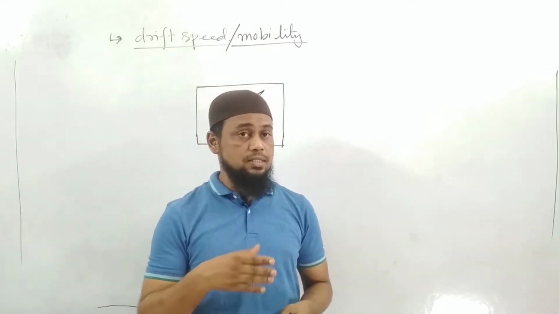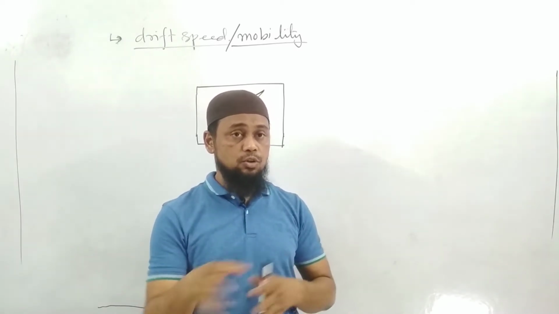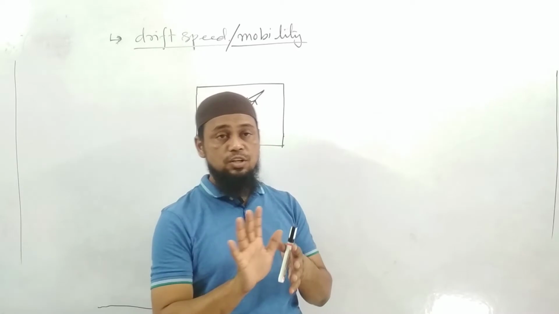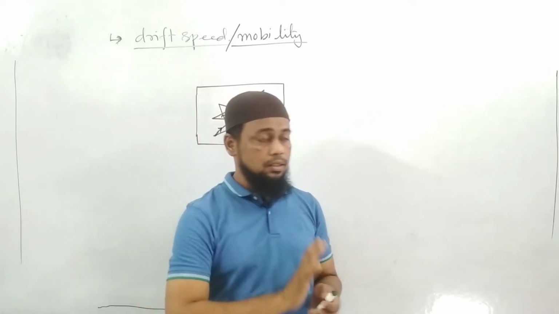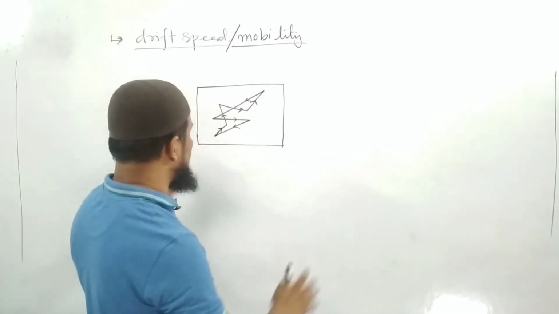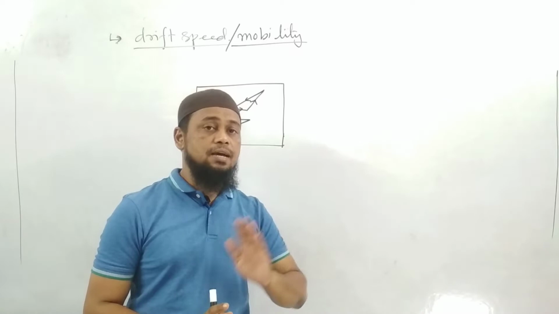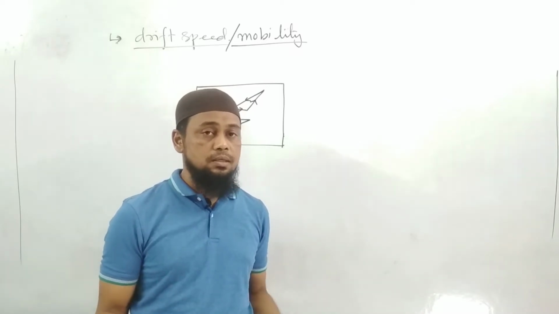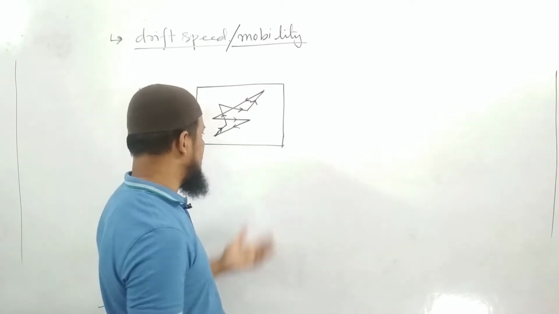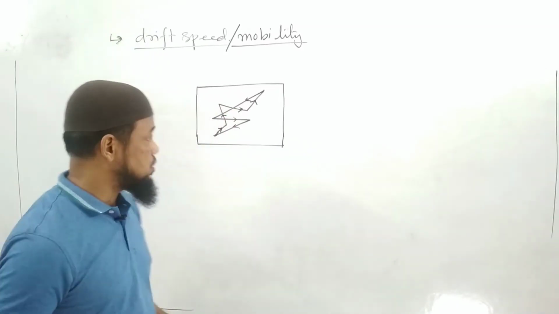So electron also moves, collides, moves again, collides again. So there is a zigzag path. In this case, there is no net drift. Net drift means we cannot consider any displacement in one particular direction. We have to assume the average total displacement to be equal to 0.